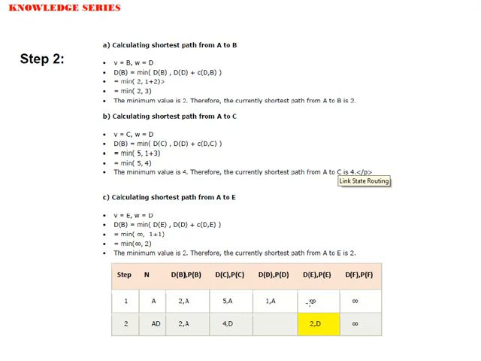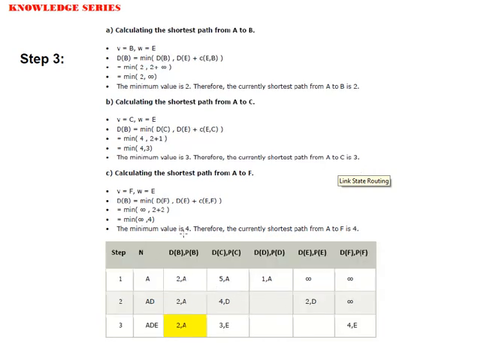With respect to E, infinite has come to 2, and F remains infinite. Now in the third case, again V keeps on changing, and E is the previous minimum node, that is the subroute vertex. So again the same 2 for A remains. Here it has come with respect to E nodes, and here also with respect to E nodes.